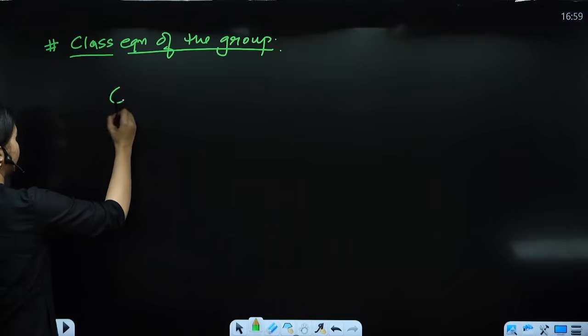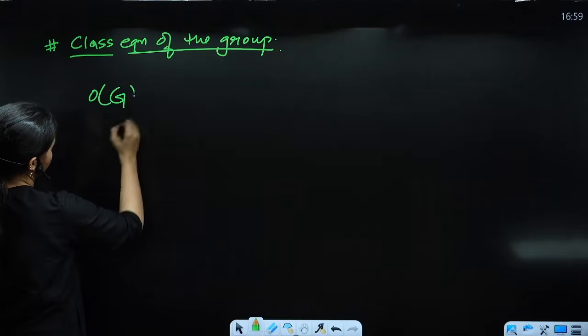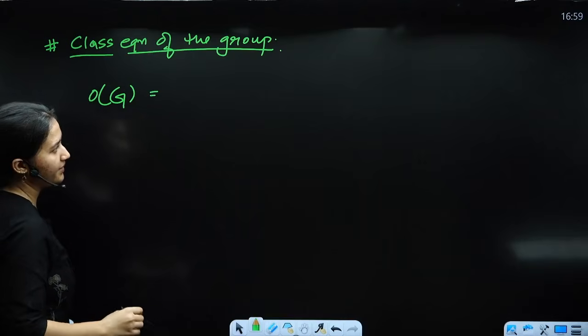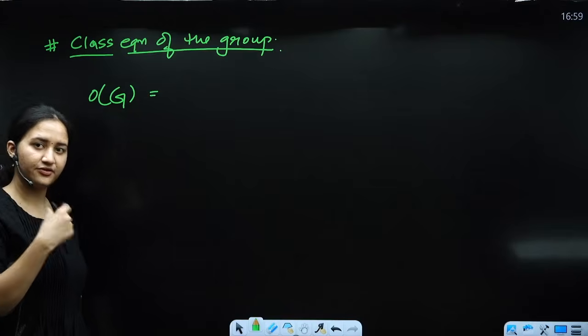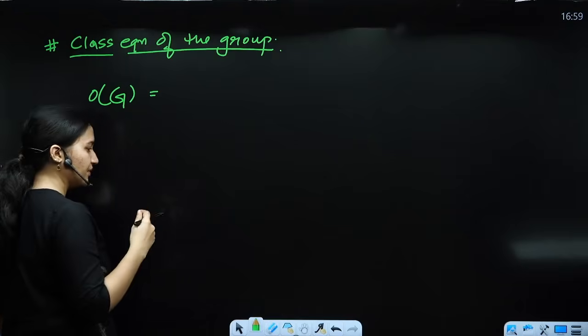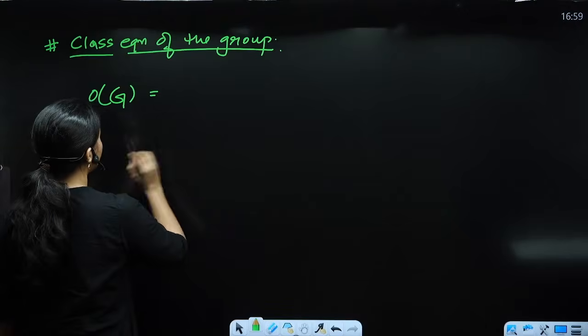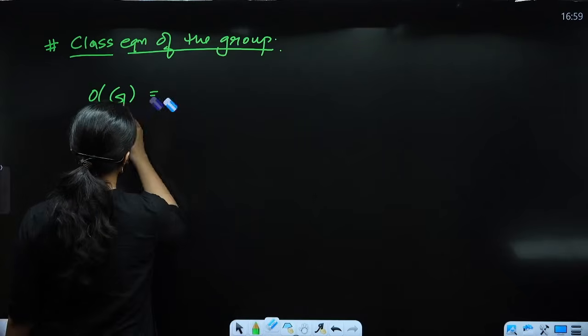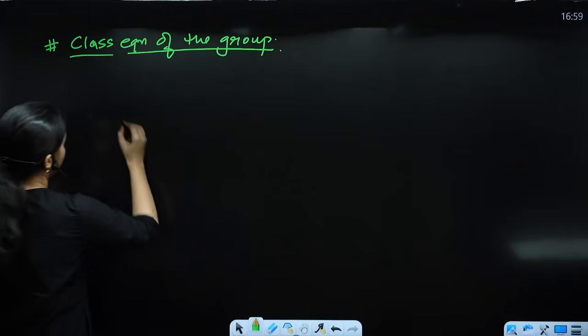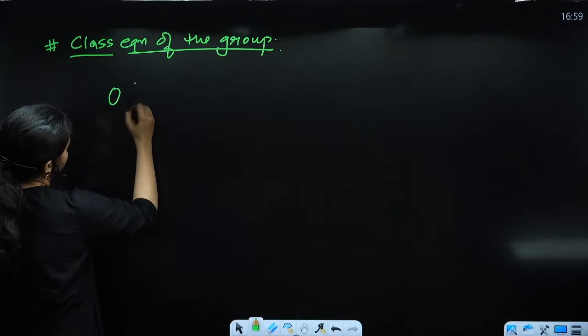If I'm writing G here, let's say I'm writing order of G. Okay, and if I'm taking the different conjugacy classes, whatever there are. So if you remember, let me take S3 only. So let's say I'm taking order of S3.